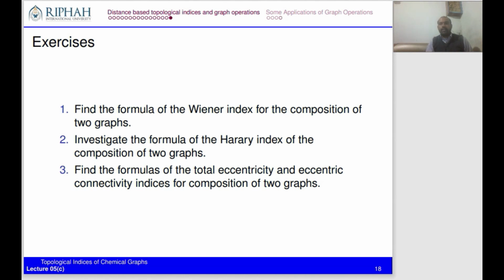After finding the distance and eccentricity formulas, you have three exercises. Find the formula of the Wiener index for composition, investigate the formula of the Harary index for composition of two graphs, and the eccentricity, total eccentricity and eccentric connectivity indices of composition of two graphs.